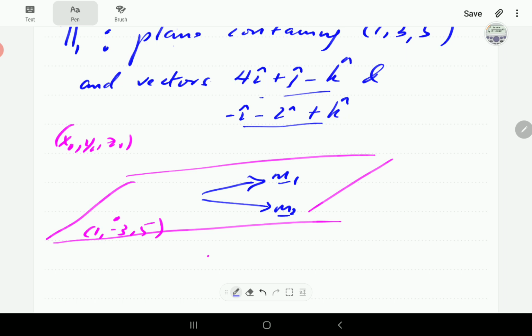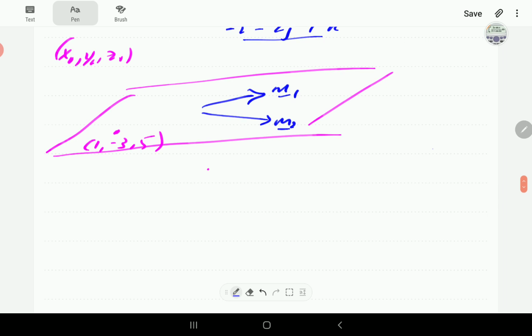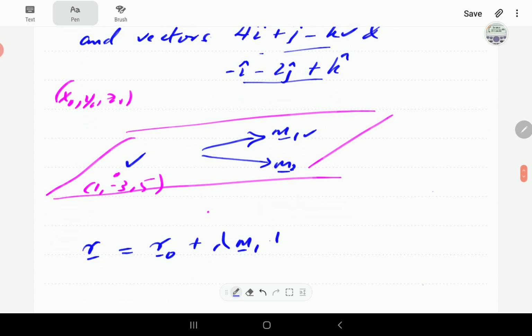Okay, so this is 2j here. So we start from the vector form of the equation. So vector form is the position vector r naught, which is this point here, plus lambda m1, which is this vector here, and then plus mu m2.